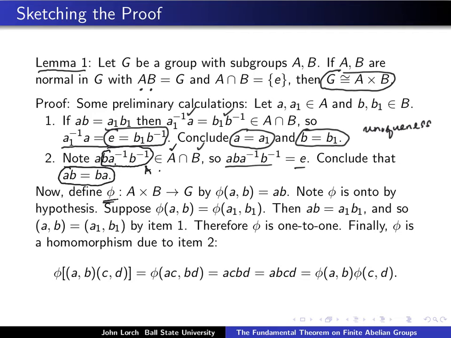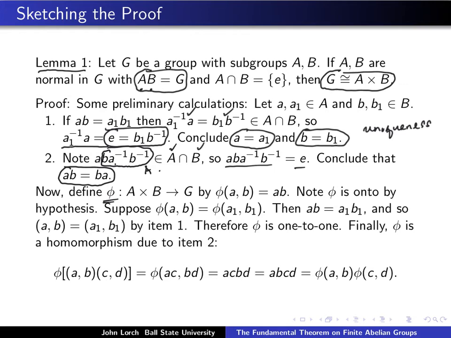Right, so what do we need to know about this phi? If it's going to be an isomorphism, it needs to be both one-to-one and onto, and it needs to preserve the operation. So we know it's onto by hypothesis. That's because G is equal to A times B, meaning that if you pick anything whatsoever in G, you can express it as some product, little a times little b.